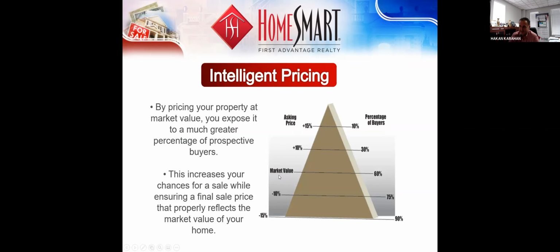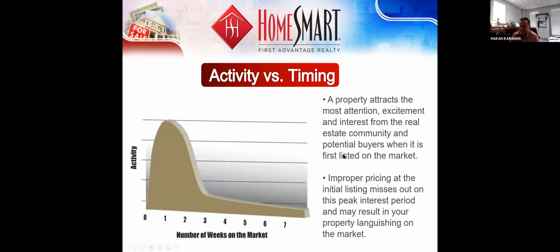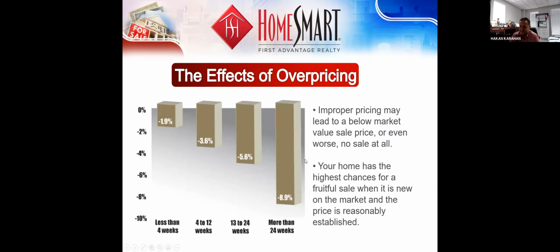Now, here's the market value. If you list it 10% higher than the market value, you get 30% of the buyers in the marketplace. As you go higher, you get less and less buyers. But when you are towards the market value, you're getting 60% of the activity in the property. And the first 5 weeks of the listing period is the most important time. If you price it wrong, then you're going to have one flat beginning and flat ending.